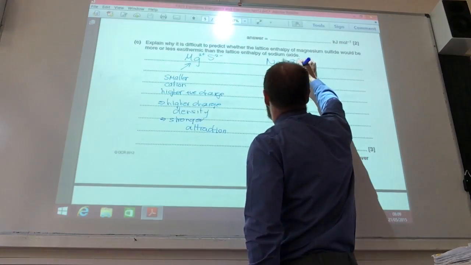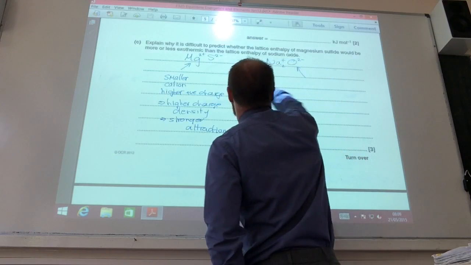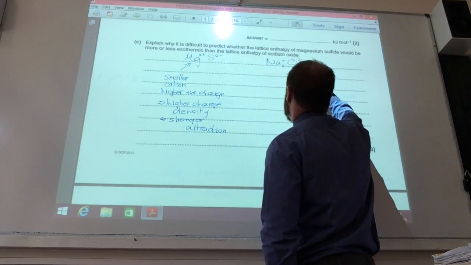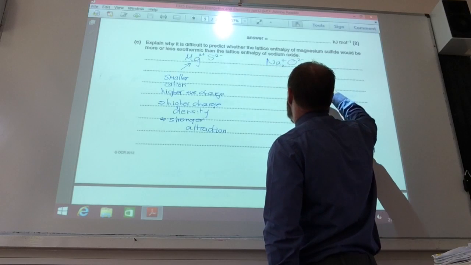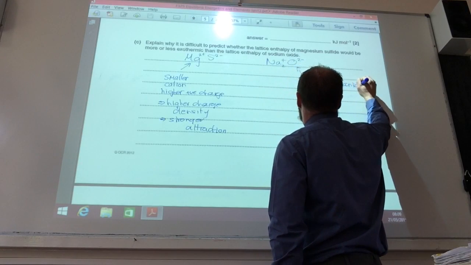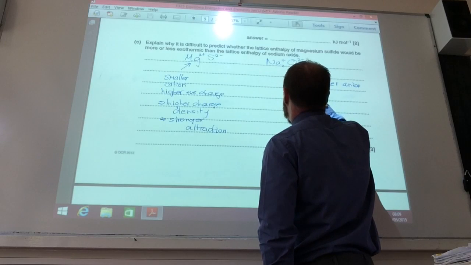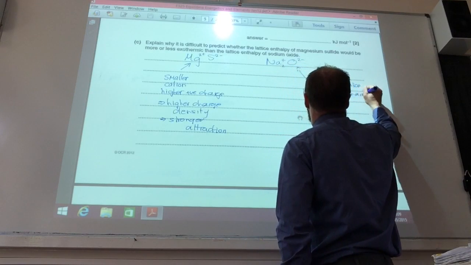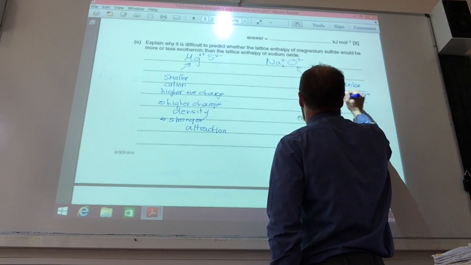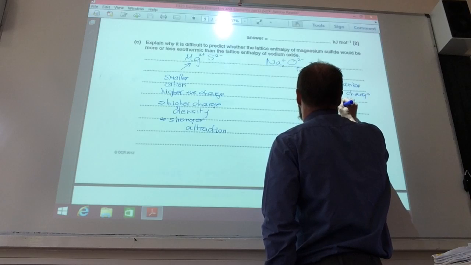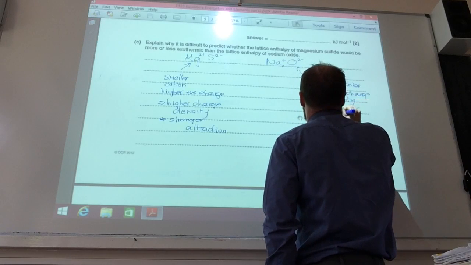And we can also say for oxygen, although oxide has the same charge as sulfide, it's the smaller anion, and therefore again it has the higher negative charge density, and therefore forms the stronger attractions.